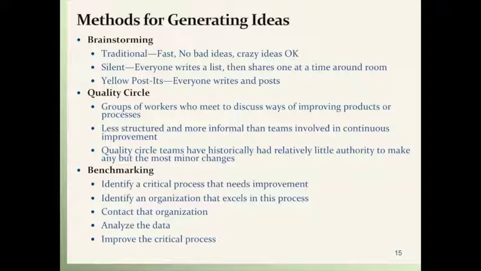A quality circle is where the boss says, hey, let's have a quality circle, and everybody gathers and comes up with a few ideas and implements them. A quality circle was sort of the early days of TQM.